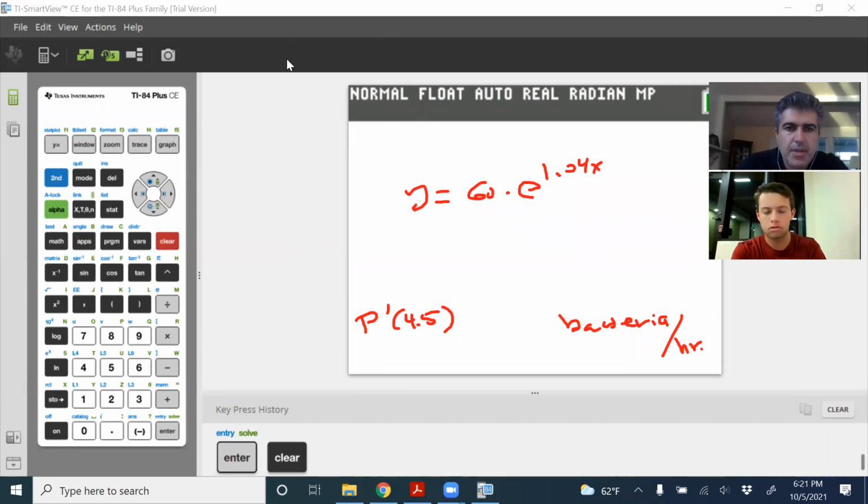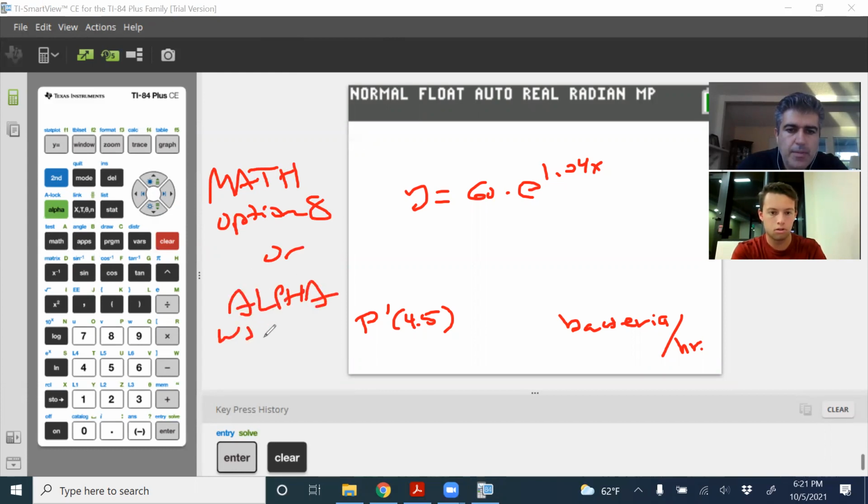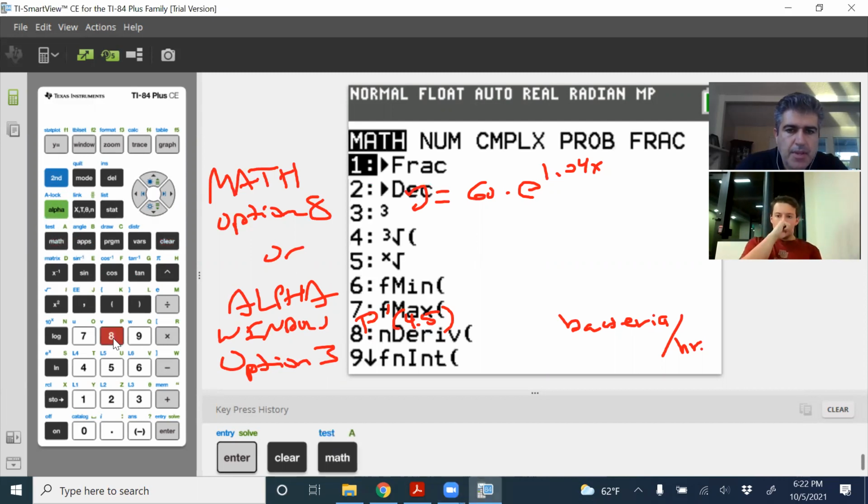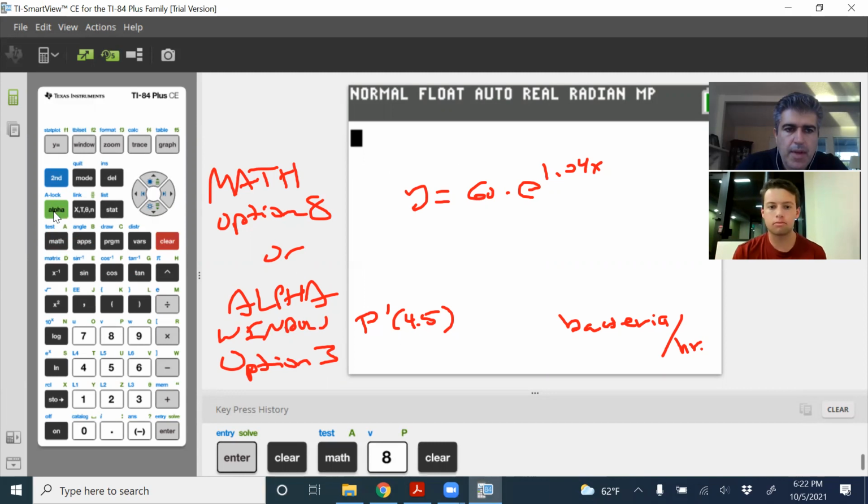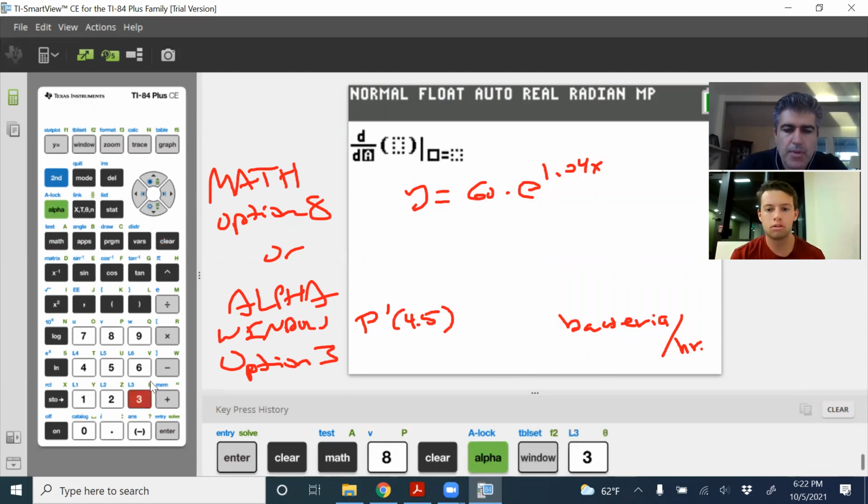You could hit math, then option 8, or you could hit alpha, window, option 3. So if I hit math, option 8, it's right there. Or if I hit alpha, trace, option 3, it's called nDeriv. It's called the nDeriv feature.